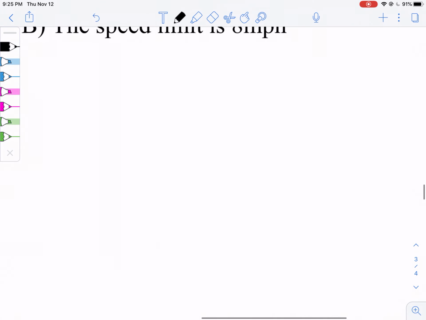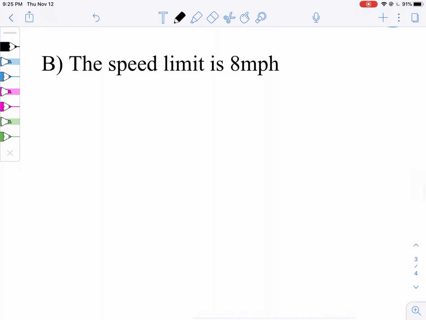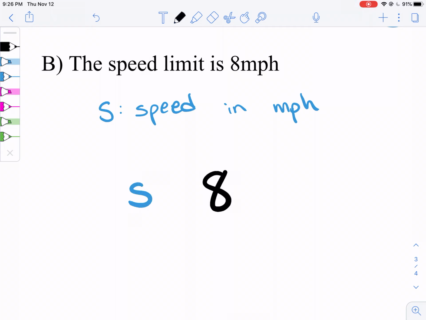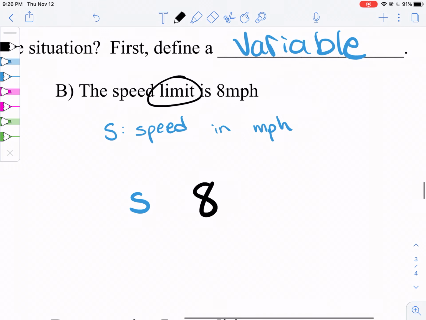Now, here we have the speed limit is 8 miles an hour. So let's let our variable be s for speed. So let s represent speed in miles per hour. Then we know our s is going to somehow relate to 8. But the limit is 8 miles an hour, which is very slow, but you cannot go faster.